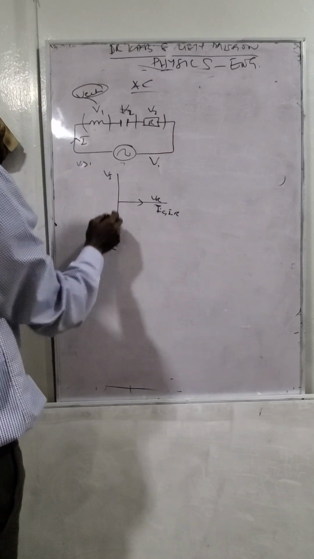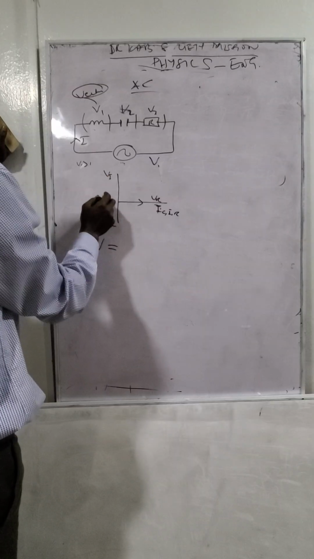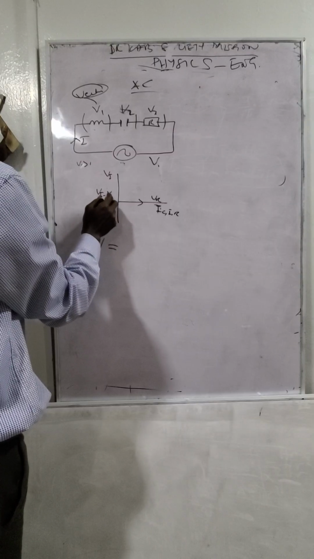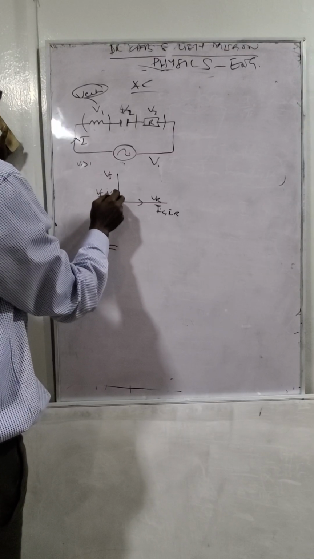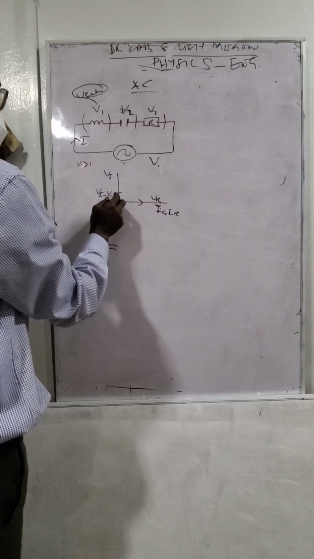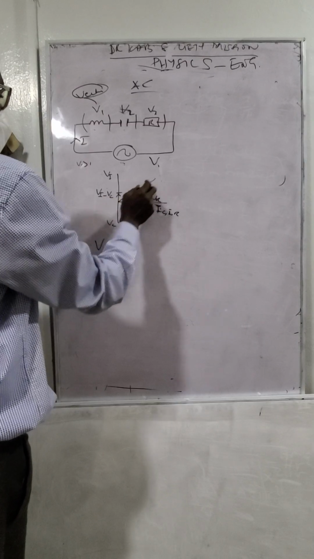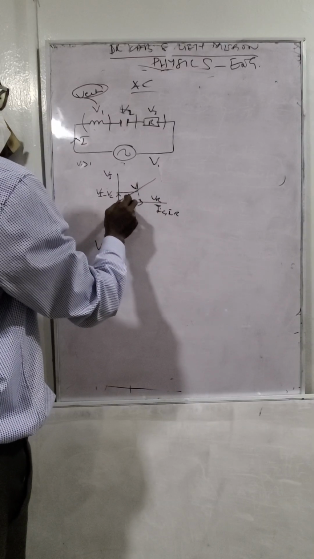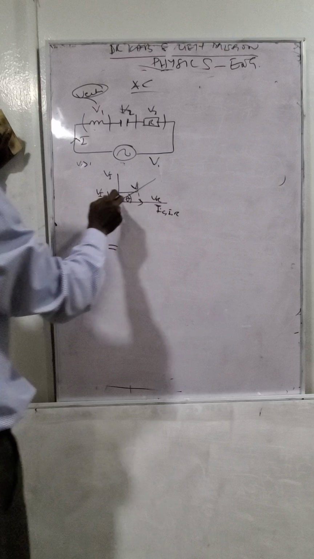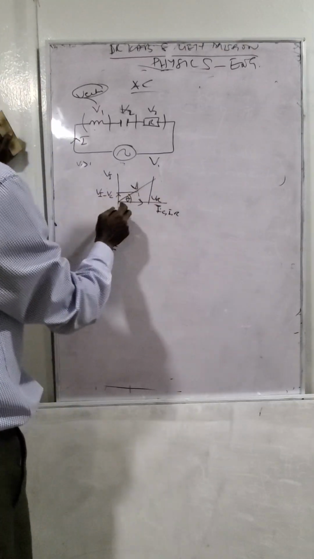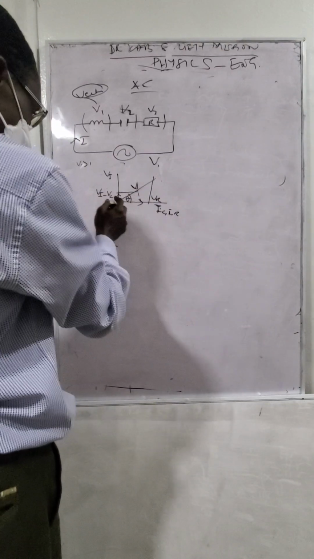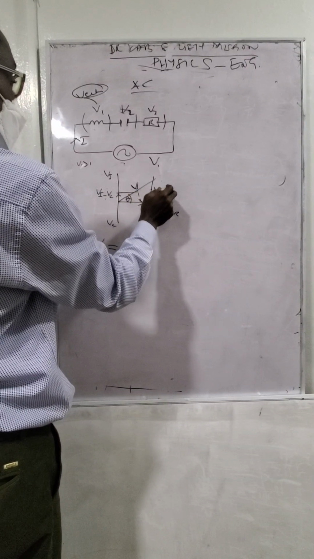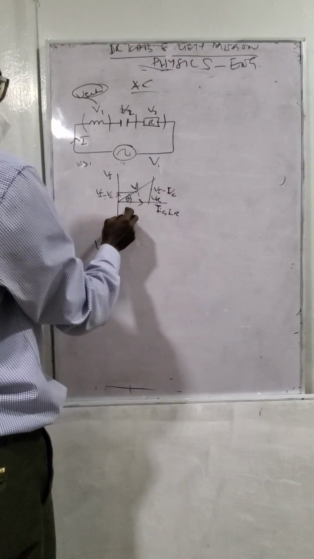These are vectors, so you can't add them straight away. It should be the difference between V_L and V_C. Let's say it comes to something like that. So this is the vector, and then we can find the resultant, which will be this V. You can use the Pythagoras theorem.